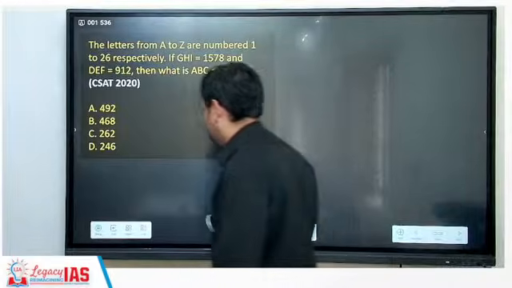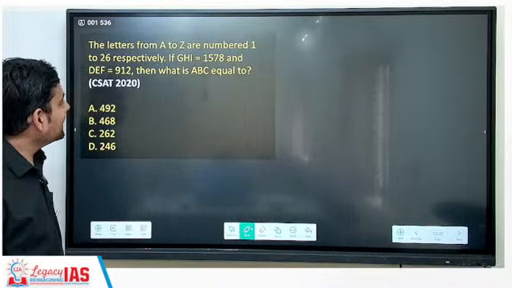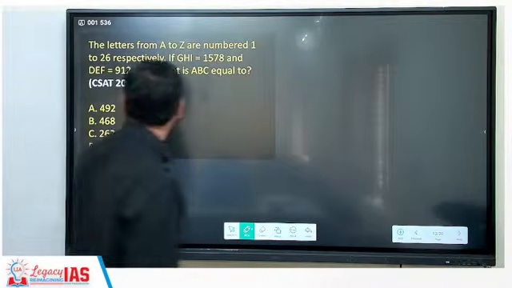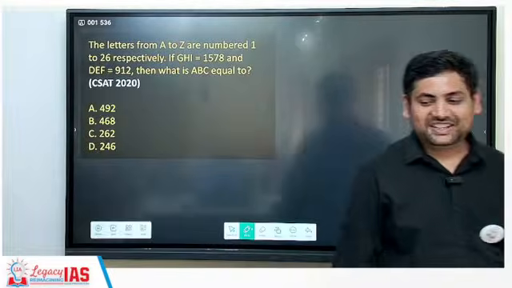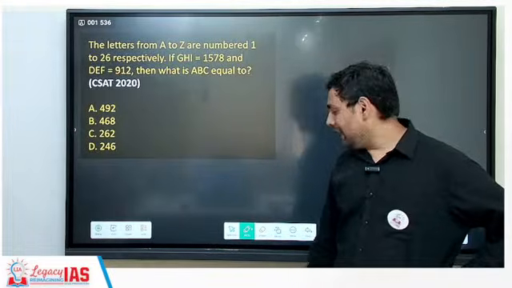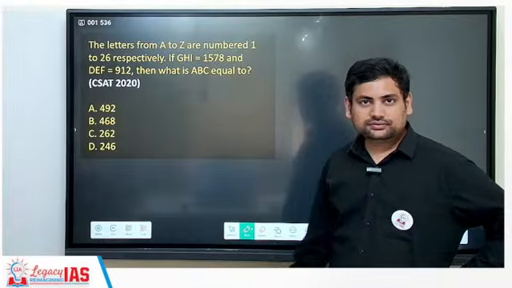Then let's do this. What does it say? A to Z are numbered from 1 to 26. GHI is this, DEF is this. Then what is ABC equal to? This was a good question.